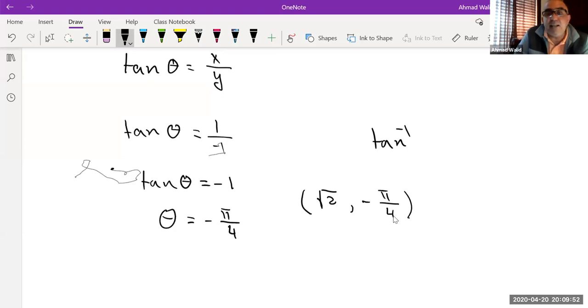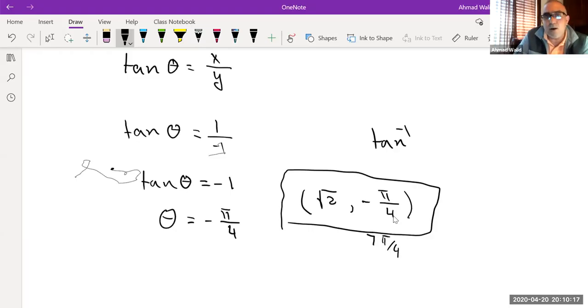For example, the other one will be 7 pi over 4, right? If you see the tangent of 7 pi over 4, it's also negative 1. There are many of them. But because I choose my r as a positive radical 2, I'll just stick with this answer and I say, okay, the polar coordinates of the given point is radical 2 and negative pi over 4.